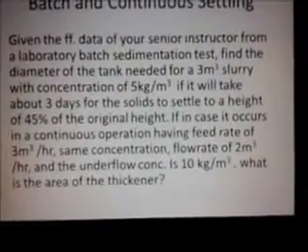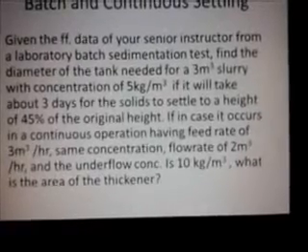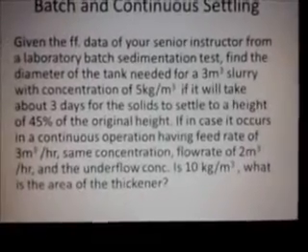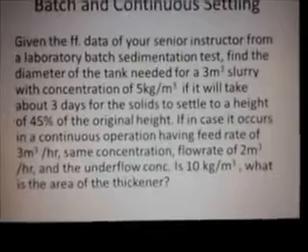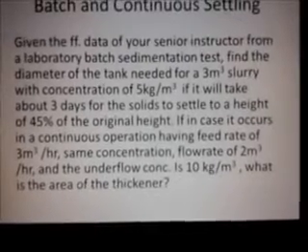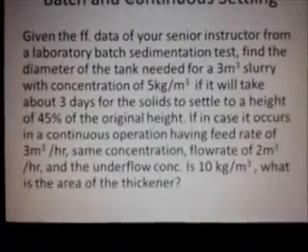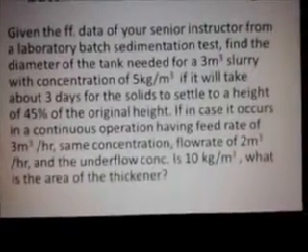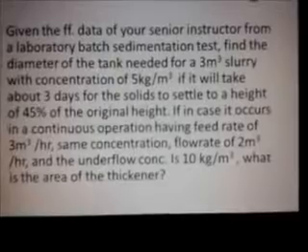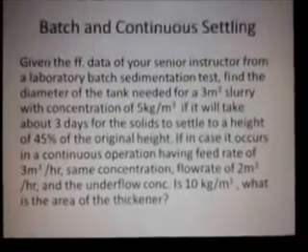If it occurs in a continuous operation having a feed rate of 3 meter cube per hour, same concentration, overflow rate of 2 meter cube per hour, and the underflow concentration is 10 kilogram per meter cube, what is the area of the thickener?